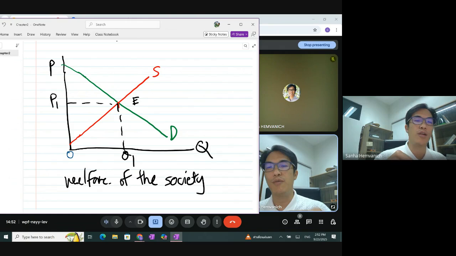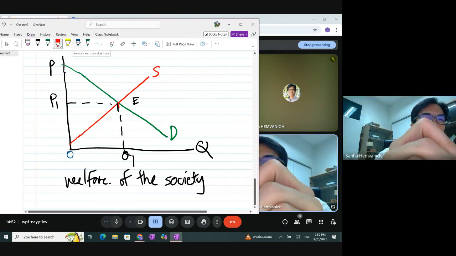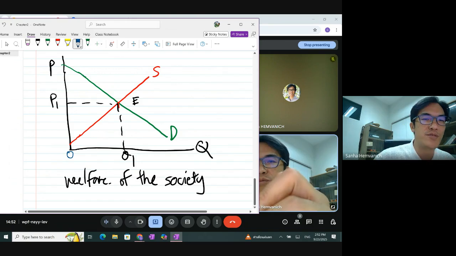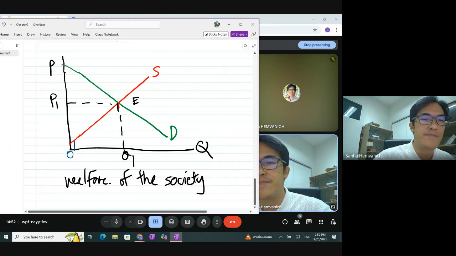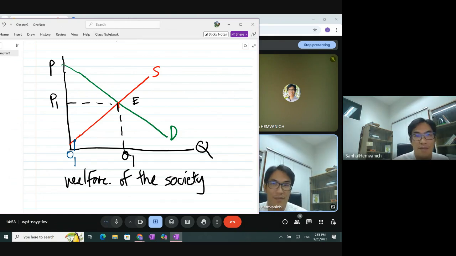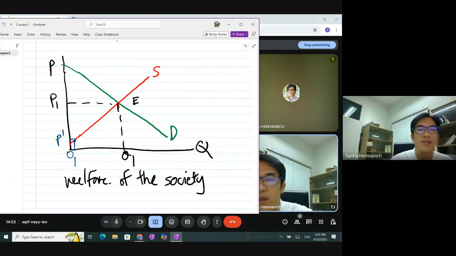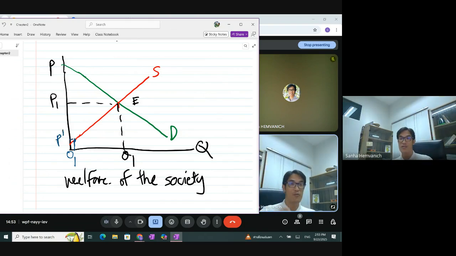If you want to produce just one unit, for the producer, that is the price you want to have. I'm going to call it again P superscript 1. So if the producer is going to produce one unit of good, that is the price the producer would like to have.